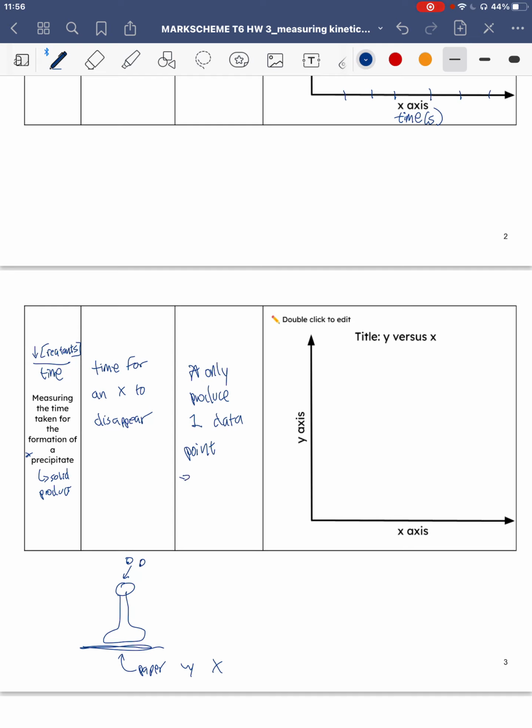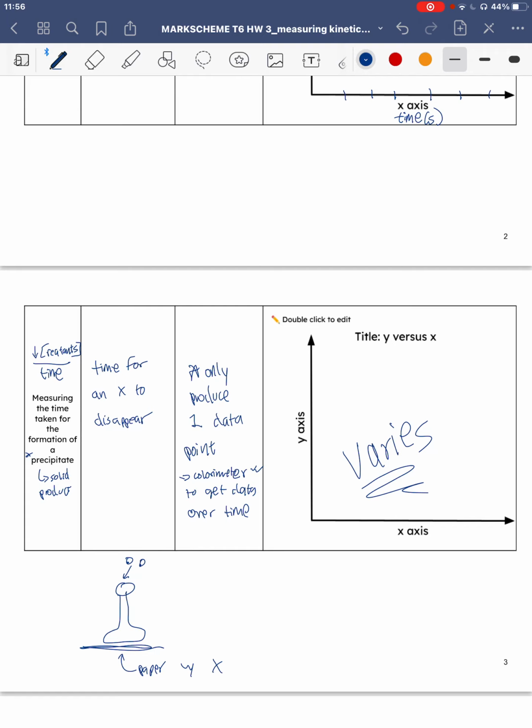So you could, instead of this, use a colorimeter to get data over time. Just going to write varies depending on what you do. If you use a colorimeter to get data over time, you would have intensity of color in Y over time.